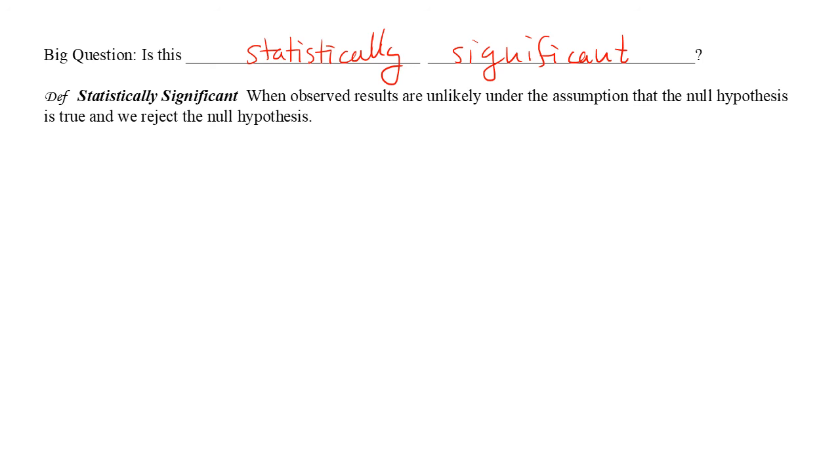In other words, when observed results are unlikely under the assumption that the null hypothesis is true and we reject the null hypothesis, only in the case when we reject the null hypothesis are we able to say that it's statistically significant.